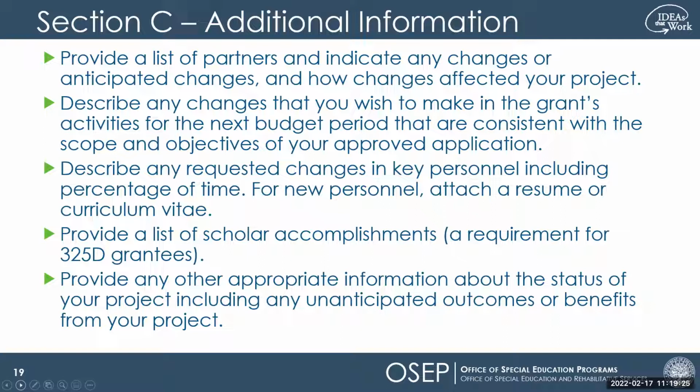For 325D grantees, you are required to include a list of scholar accomplishments, including presentations, publications, awards or grants, courses taught, and/or service to the field. This request is part of OSEP's effort to catalog scholar accomplishments. Please ask your project officer if you have any questions about what to include.